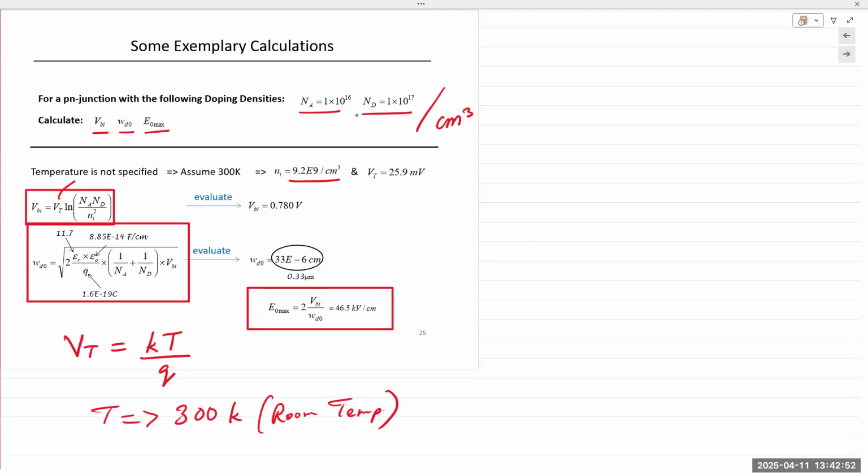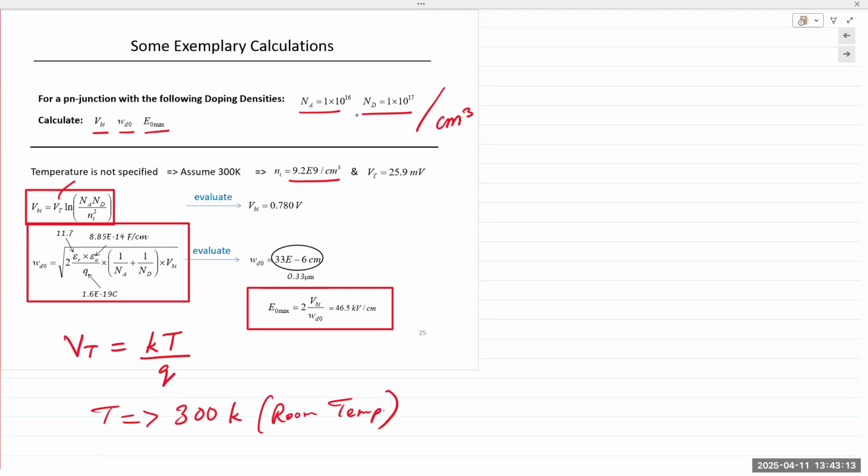Okay, even though 27 is quite higher than what we'd expect to see here. So we'll say room temperature is 300K. You calculate that. It turns out it's about 25.8 millivolts. So at 300K, VT is 25.8.